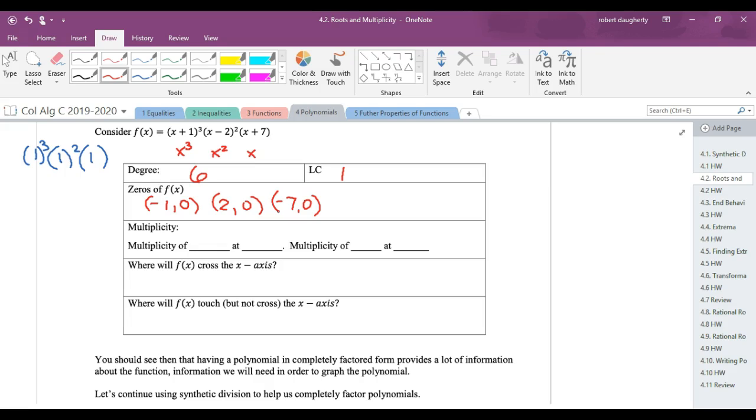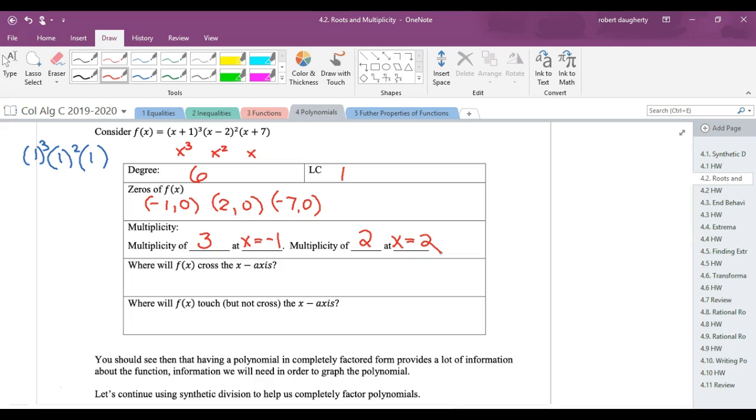Look at this first one. There is a multiplicity of, what's that exponent? Multiplicity of 3 at x equal, not 1, at x equal negative 1. That's the solution. Then there's a multiplicity of what? 2 at x equal 2. Okay, so that's the way we will state multiplicity.